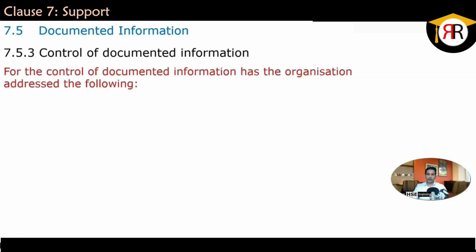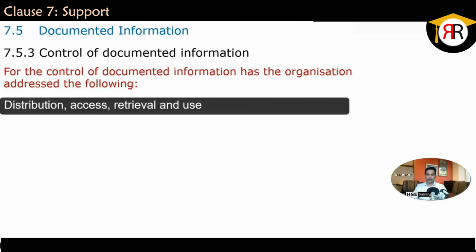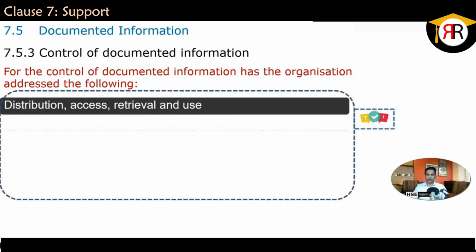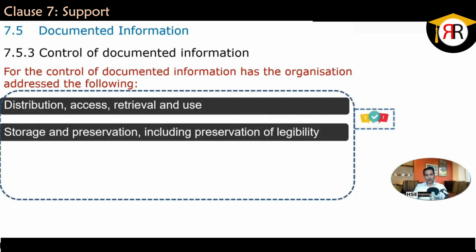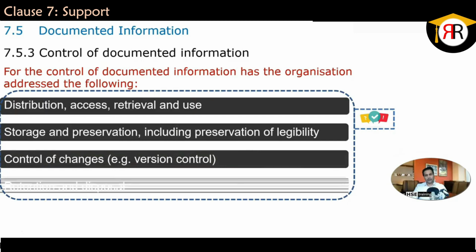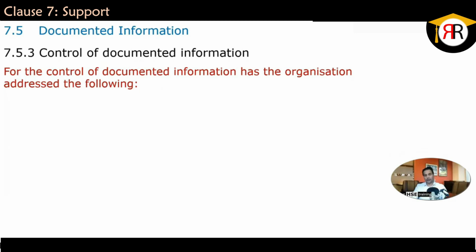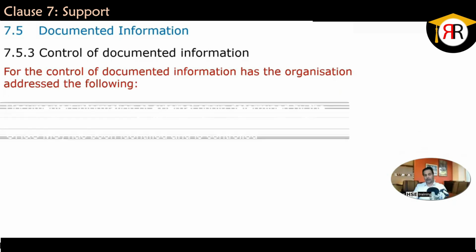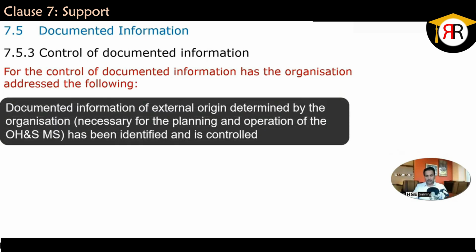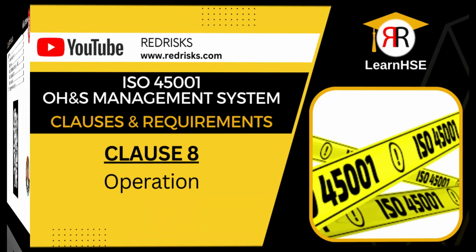For the control of documented information, has the organisation addressed distribution, access, retrieval and use, storage and preservation, control of changes, retention and disposal? And has documented information of external origin, determined by the organisation as necessary for the planning and operation of the management system, been identified and controlled?